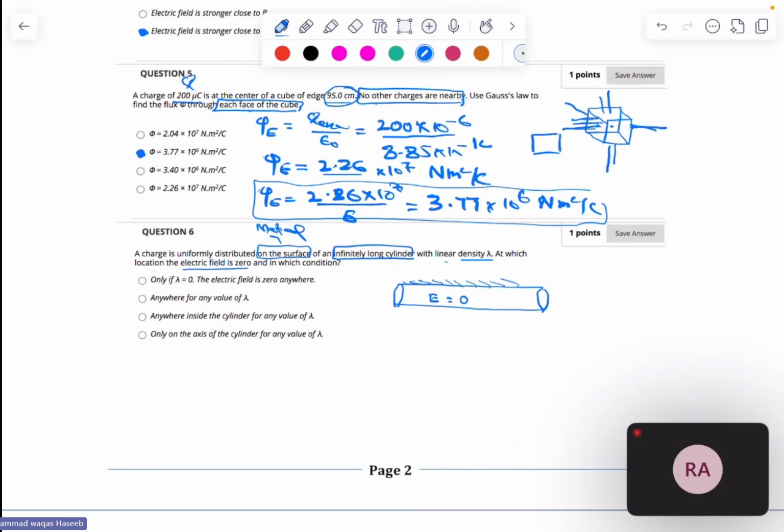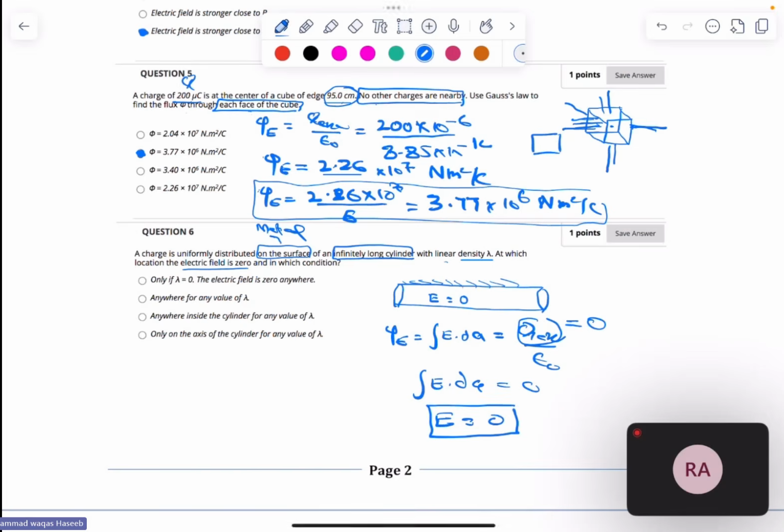Because if we apply Gauss's law, the integral of E dot dA equals Q enclosed divided by epsilon naught. There is no charge, so Q is zero, which means this integral is zero. How can this integral be zero if there is no electric field?